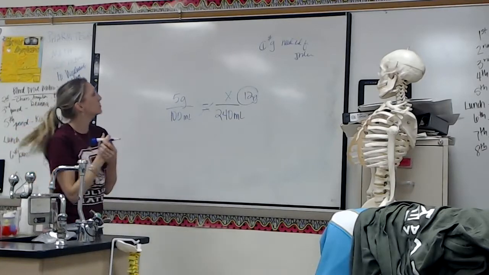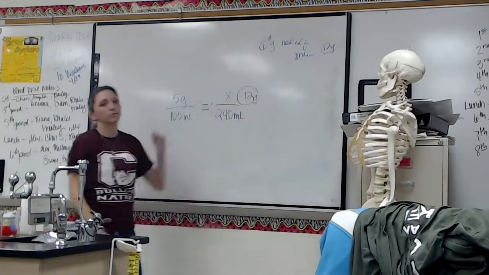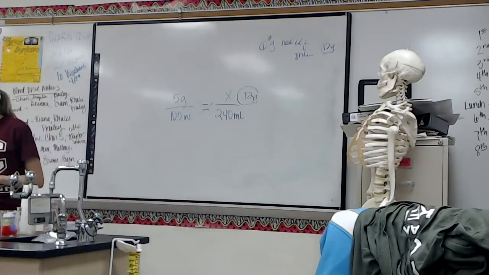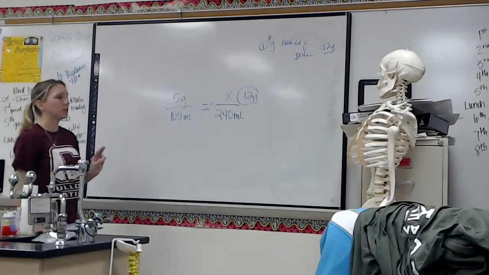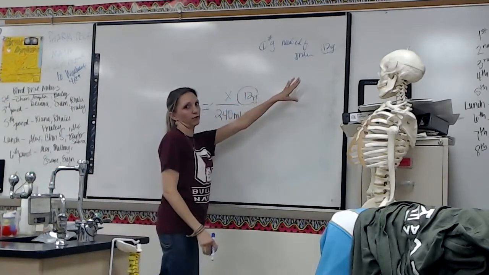So that's step 1. The grams we need for our order is step 1. Step 2, then we're going to figure out how many milliliters of the stock solution are required to get that 12 grams.